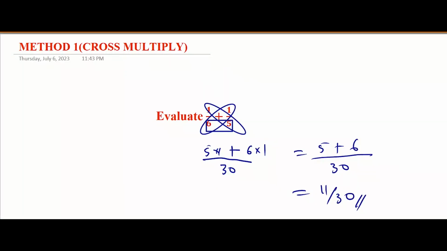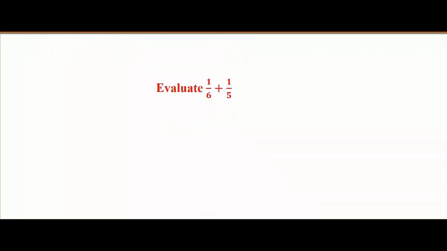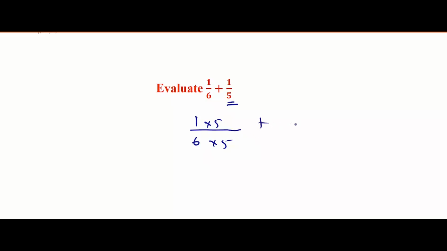Let's go to the third method, and that will be common denominator. What we need to do here is to make the denominators the same, and to do this I will write 1 out of 6, then I will multiply by this denominator, that is by 5 by 5, then add, I also write 1 out of 5, then I also multiply it by what? By this denominator, which is 6 by 6.